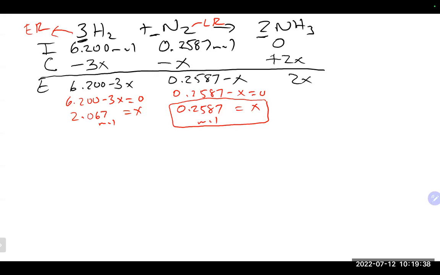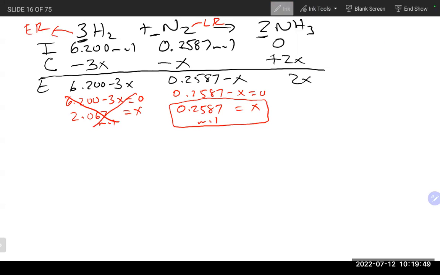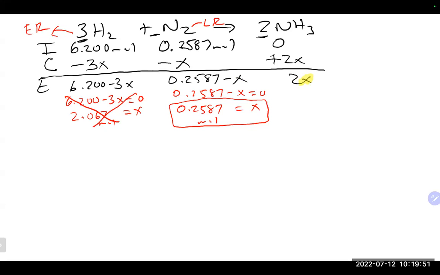Any questions on that? A reminder that once you do that, that is the X value that you want to use. So you might want to just kind of cross that out so you don't use it for anything. Once again, that X value is every single X value that we see in this table. Right? And again, that's what's going to allow us to kind of quickly calculate everything.